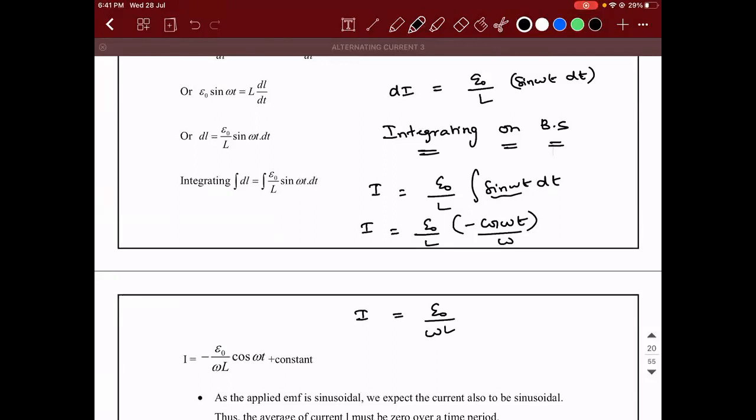E naught divided by omega L into what? Minus cos omega t. Please make a note till this point.